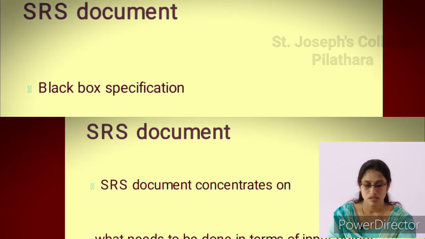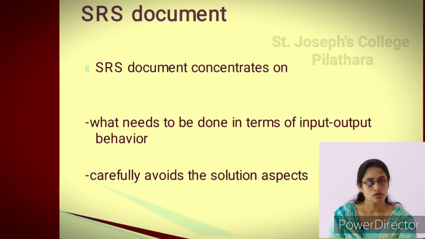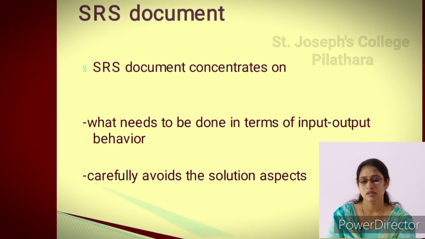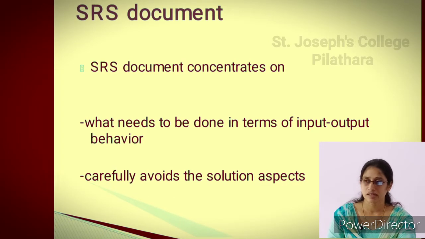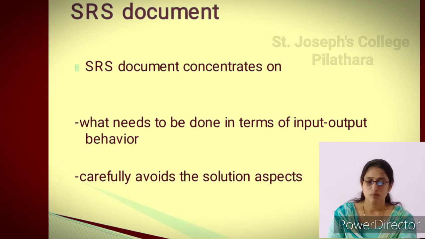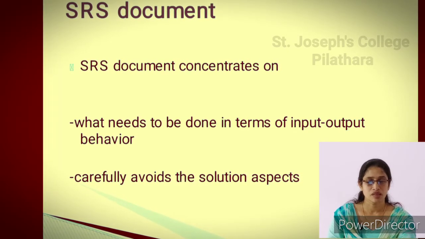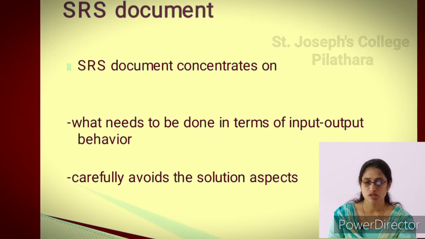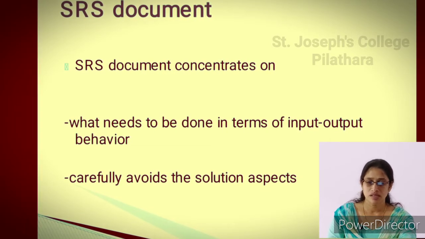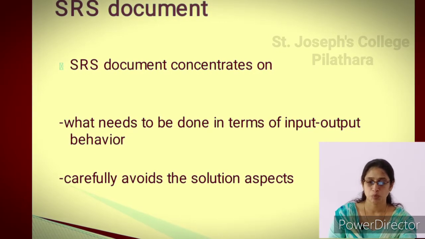In other words, you can say that the SRS document should focus on what needs to be done based on the input data rather than how to do it. The requirement document should be written in end user terminology, because it is end users who will see whether all the requirements have been satisfactorily represented.